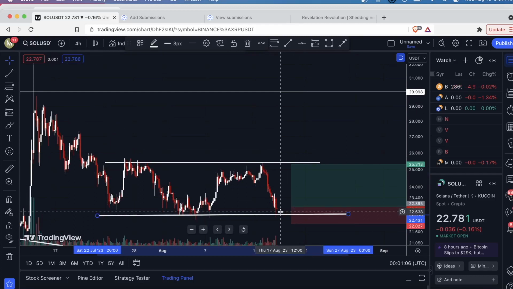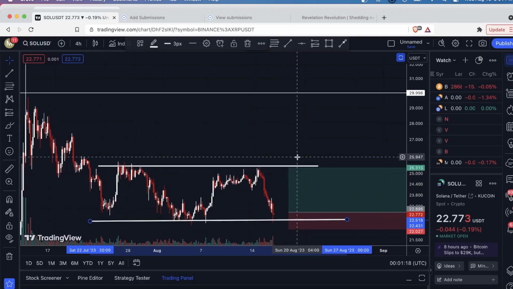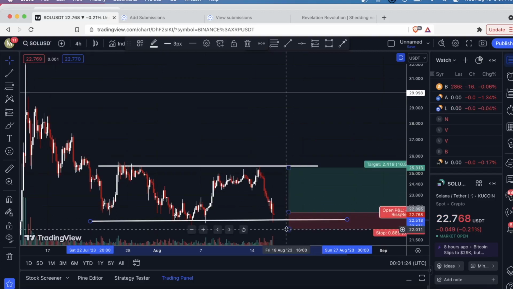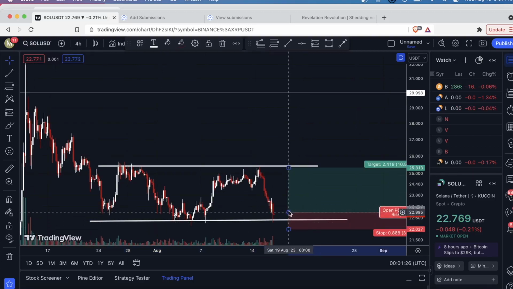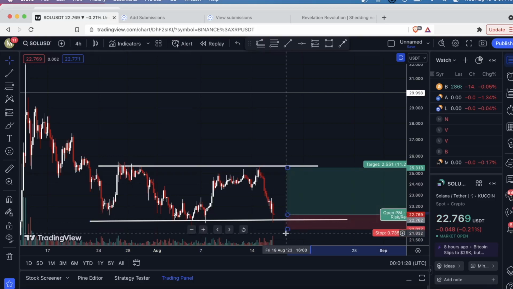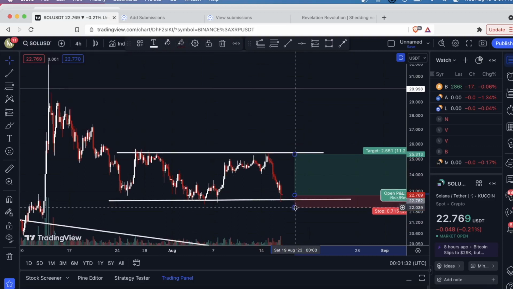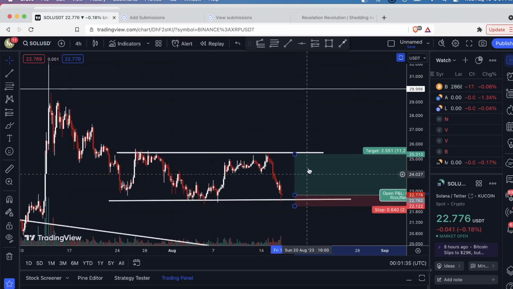Now, obviously, when you're at a support, that's a buying opportunity, and when you're at a resistance, that's a selling opportunity. For me personally, to enter a position, I like to buy against a very tight backstop. So in this particular instance, if I bought right here, where the price is, I would place my stop loss just below the previous wick right here, and then I would target the upper range of this channel, right?